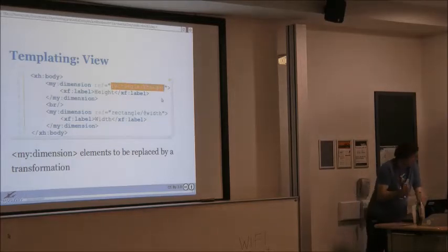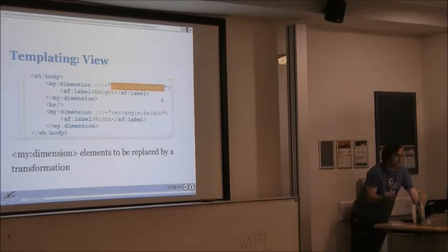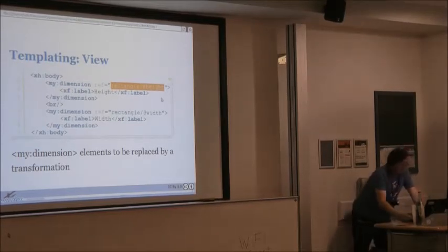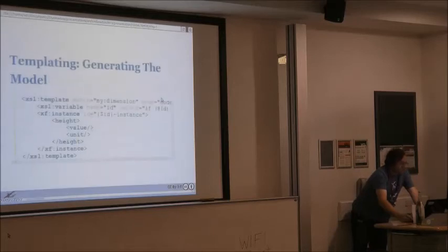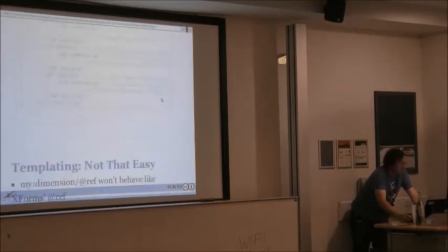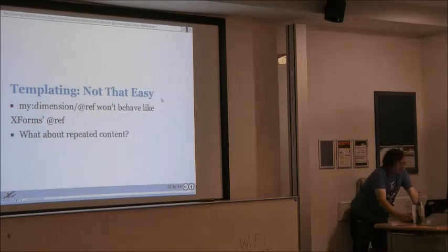The problem is that in the XForms actions, you don't have the notion of a context node, and in that case you cannot use a relative expression. So if you want to do it really well, it's not that easy. It becomes a little bit more complicated. And that's why I think we need something better than just using XSLT.